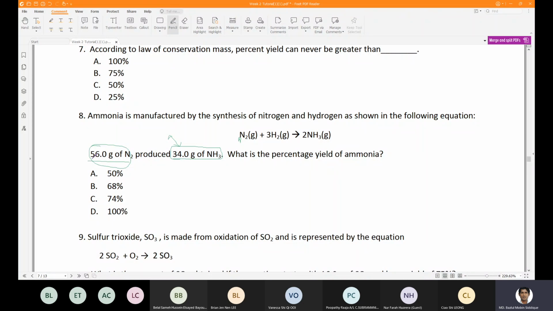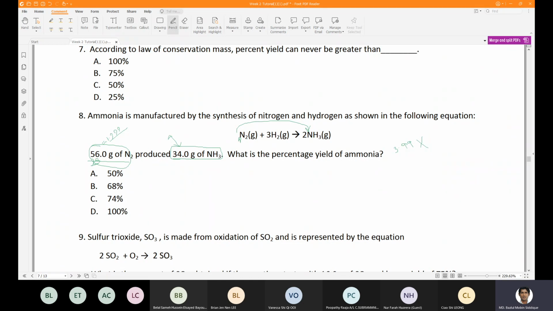If we divide by 28 gram per mole, the 56 gram of nitrogen is actually 1.99999 something moles of nitrogen. So it's a 1:2 reaction. 1 mole of nitrogen produces 2 moles of ammonia. So 1.999 will produce 3.999 something moles of ammonia. So 3.99 moles of ammonia will be produced.